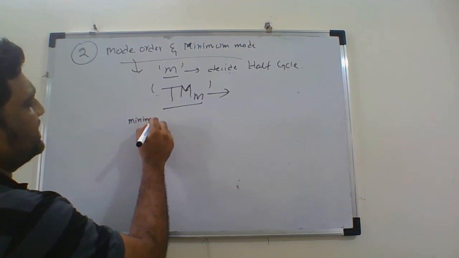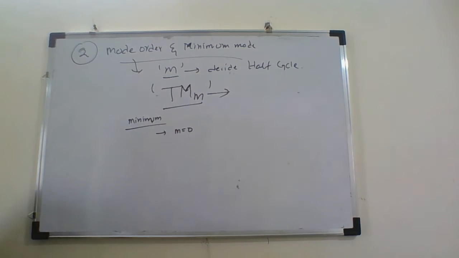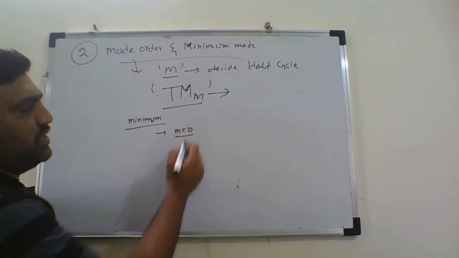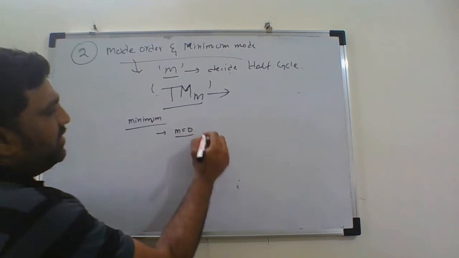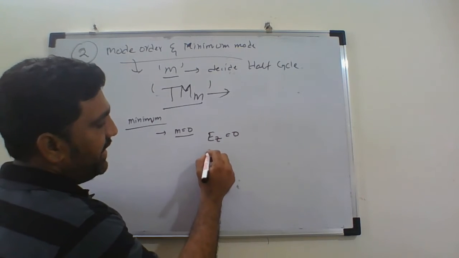As we discussed, the minimum value of m, because it is an integer, starts with 0. When I have m equal to 0, I can observe that my Ez becomes 0.